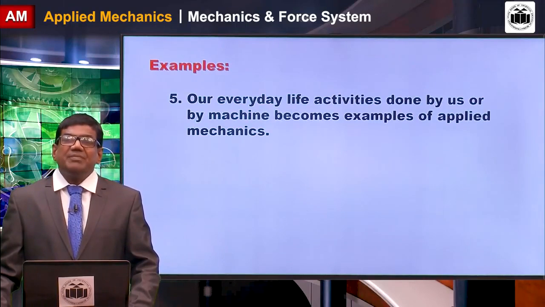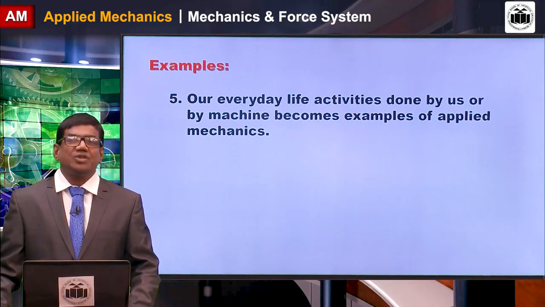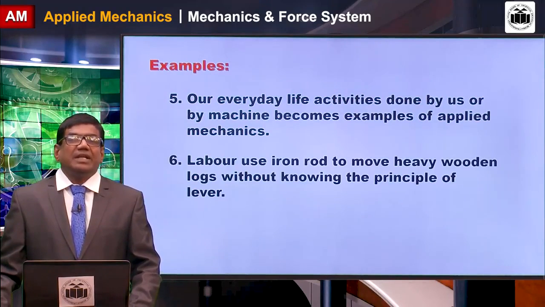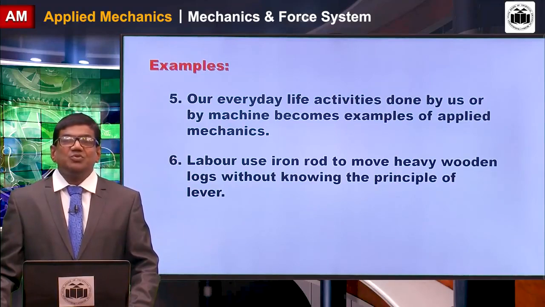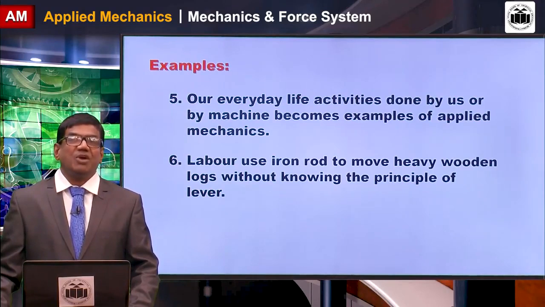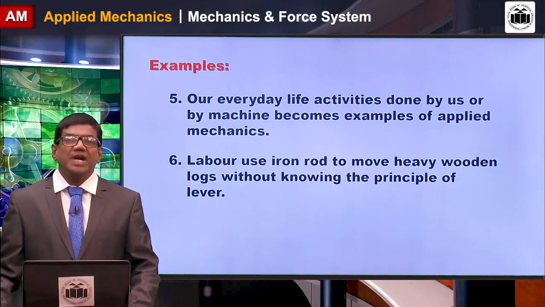Our everyday life activities done by us or by machine become examples of applied mechanics. Labor used the rod to move a heavy wooden log without knowing the principle of lever. These are some of the examples of applied mechanics in our day-to-day life. Knowingly or unknowingly, we are using these in our various activities.